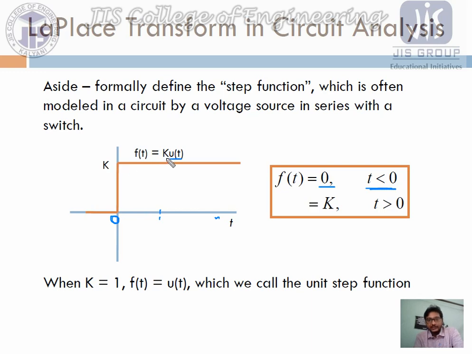Now if we consider the unit step function, what will the value be? Unit step function means this value will be 1. If instead of k the value is 1, then we can write 1 instead of k. So for the unit step function we can write f of t equals u of t, right?